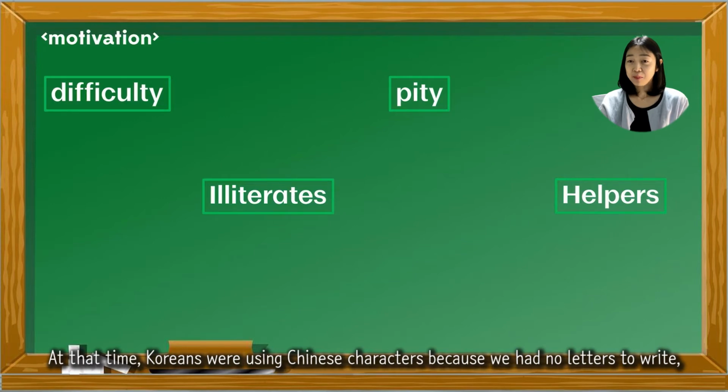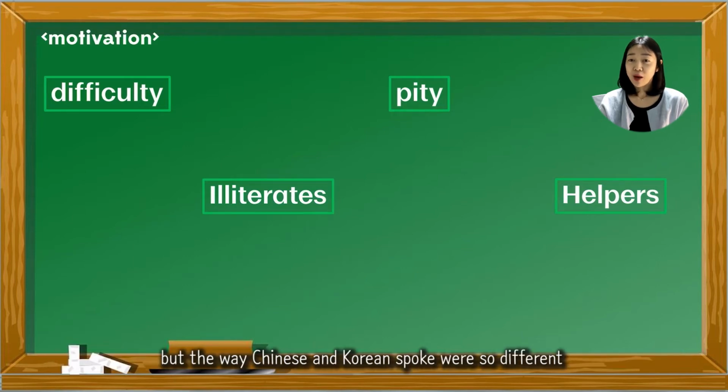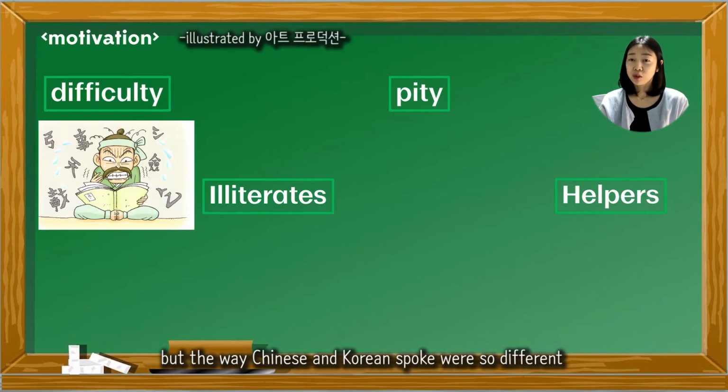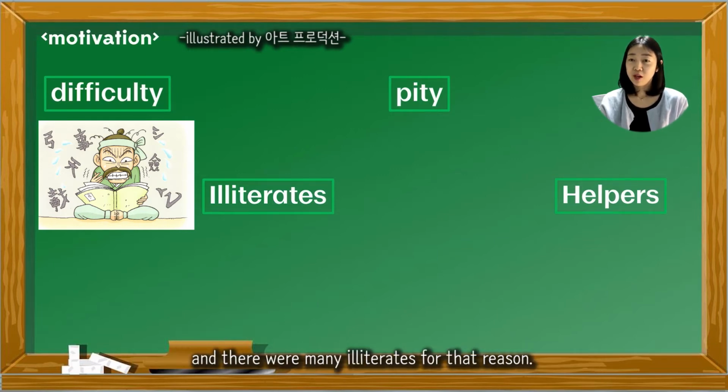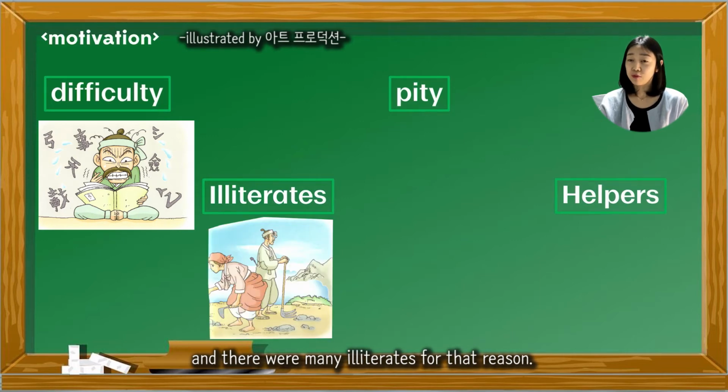At that time, Koreans were using Chinese characters because we had no letters to write. But the way Chinese and Korean spoke were so different that it took a long time for Koreans to learn Chinese characters. And there were many illiterates for that reason.